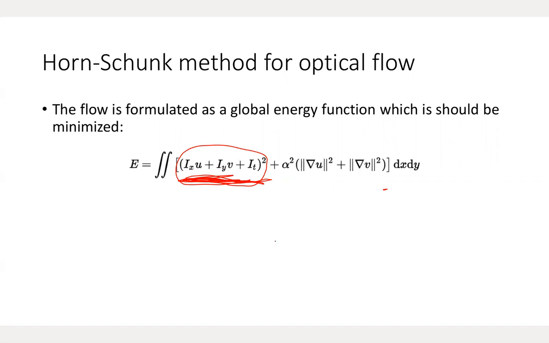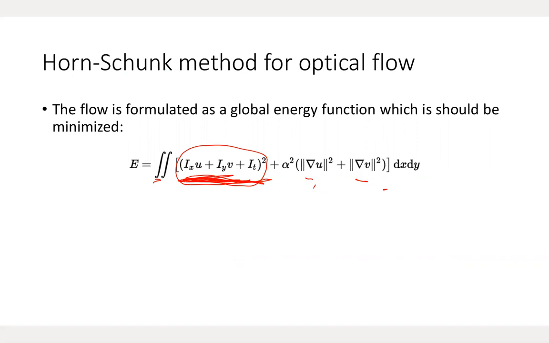At the same time, we want to make sure U and V don't change too rapidly, so we add the derivatives of U and V, and the squares of all of them, so they won't be too big. Does it make sense? Then we just integrate over all the XY locations there.